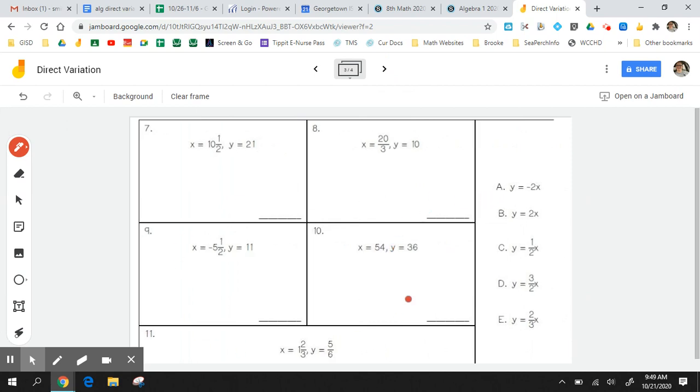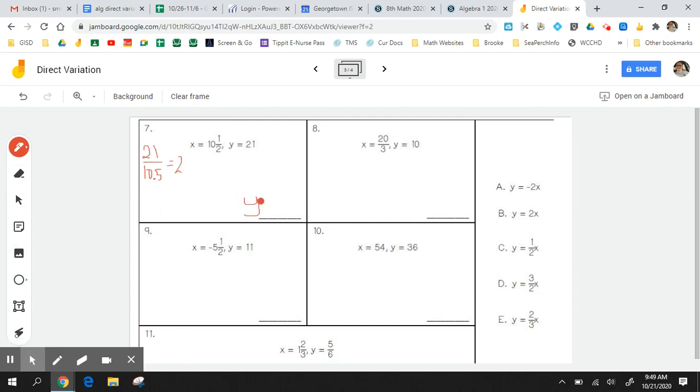Now, these next few want to know if I use this x and y, I solve for k, what equation matches. Okay, so I'm going to put, like we did, 21 over 10.5. So this answer is a 2.